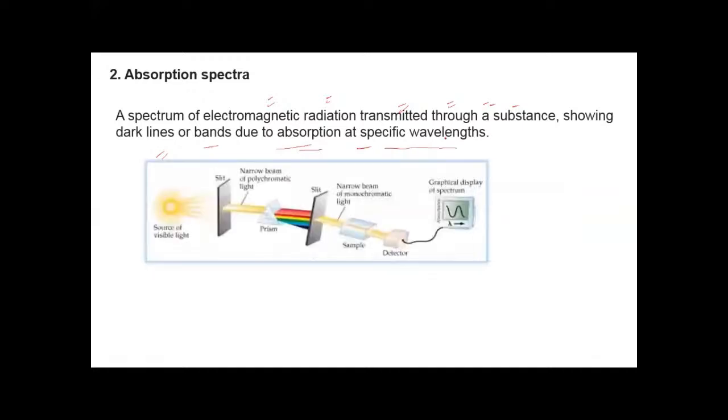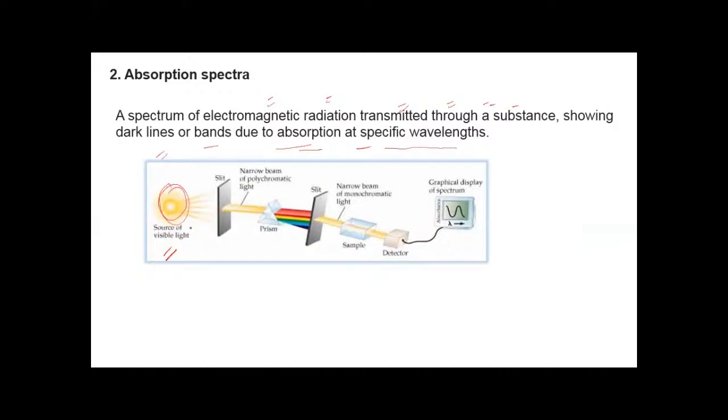Now we will move to the next type of spectra, known as absorption spectra. A spectrum of electromagnetic radiation transmitted through a substance showing dark lines or bands due to the absorption at specific wavelengths. Here we can see this is the source, which may be the sun, or you can take any object which can provide light.